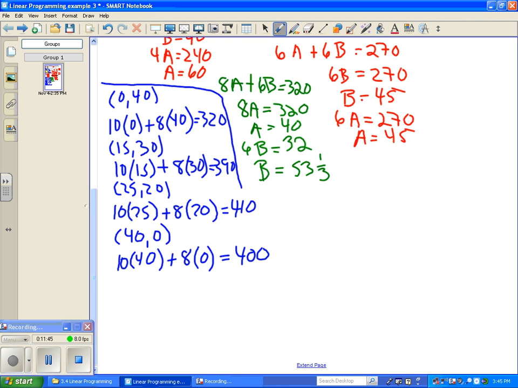Now, 410 is the highest number, so the maximum occurs at 25 arrangements of basket A and 20 arrangements of basket B.